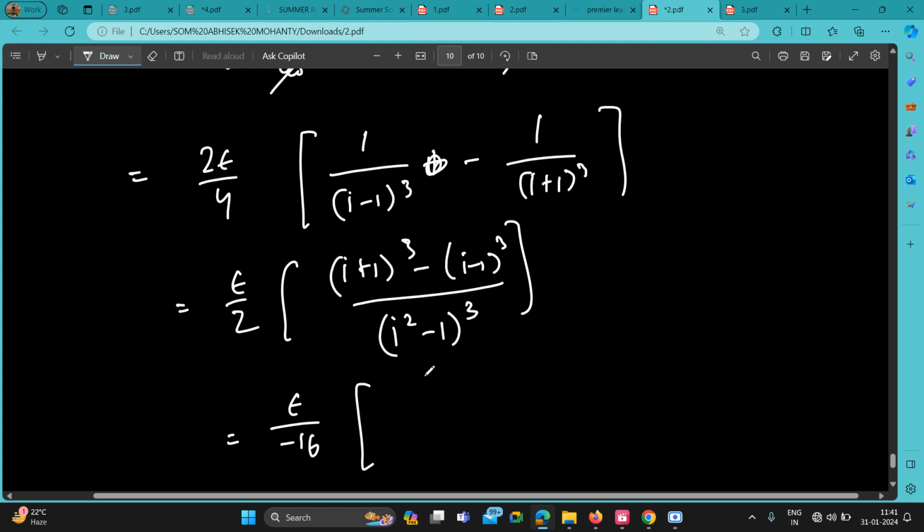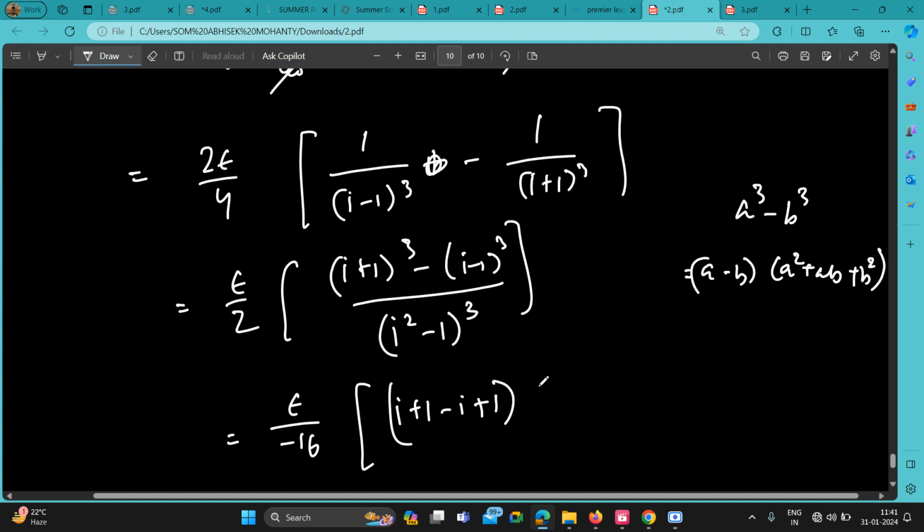Now this one is what? a cube minus b cube, a minus b whole into a square plus ab plus b square, right? So minus a plus 1, a square.